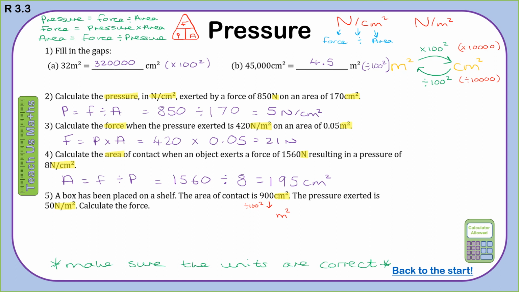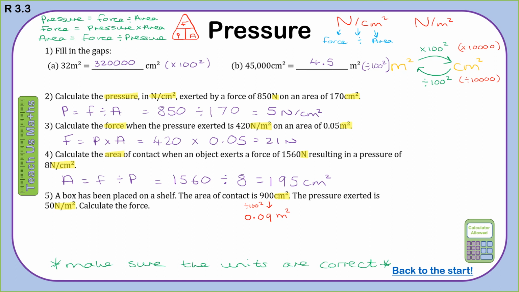So 900 centimetres squared is the same as 0.09 metres squared. Now I have my pressure in newtons per metre squared and my area in metres squared. These units are now consistent.